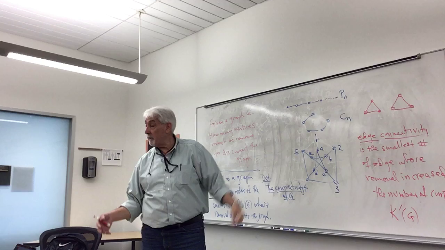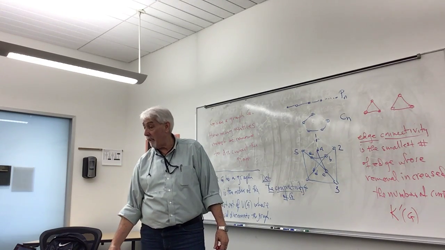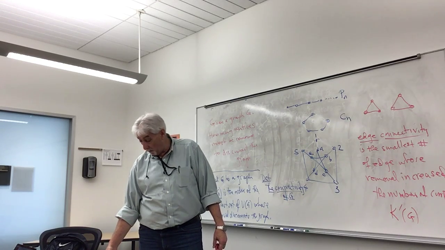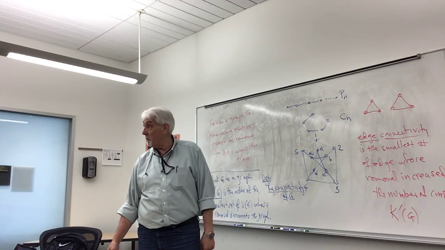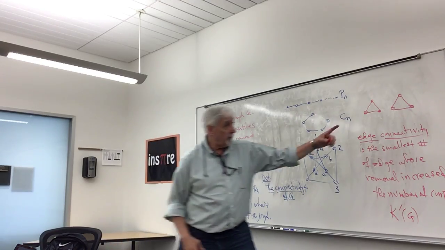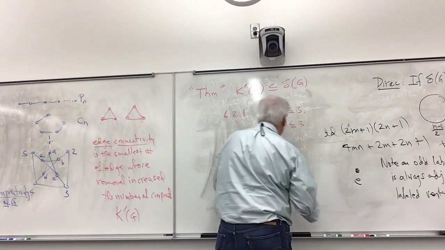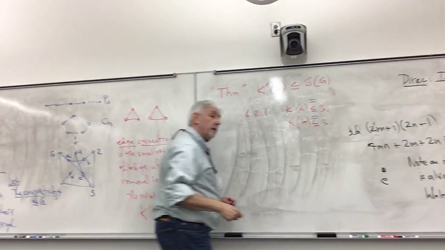The same goes for edges. If I remove any set of 2 edges, and there are a lot of sets of 2 edges, and the graph remains connected, then we know that it's greater than 2. That's why I have less than or equal to, because showing that it's equal is when it gets hard.